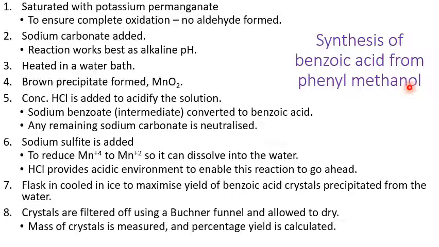The brown precipitate that we form is MnO2, so manganese dioxide, which is manganese plus 4. When we add the concentrated hydrochloric acid, we're doing this for a couple of reasons. The first is to convert the sodium benzoate to the benzoic acid that we are wanting to produce.